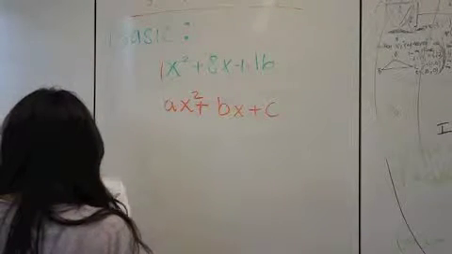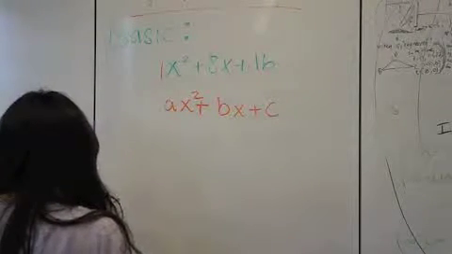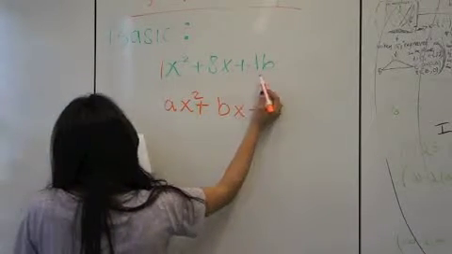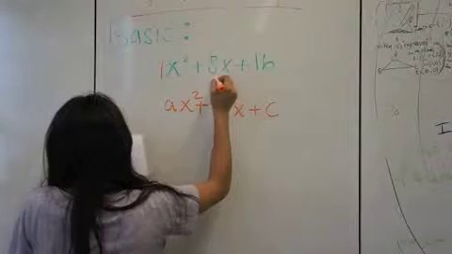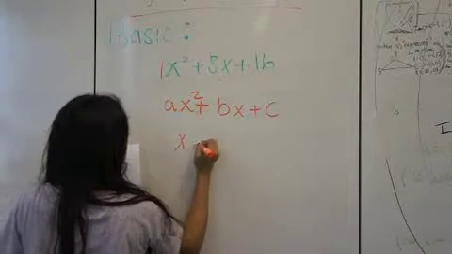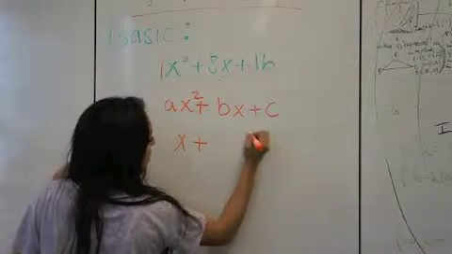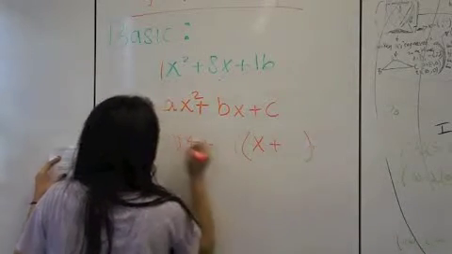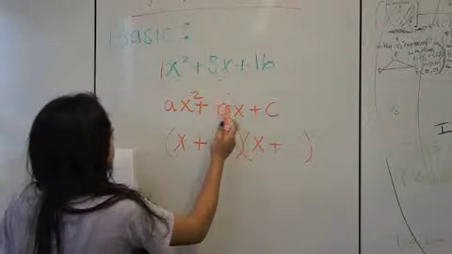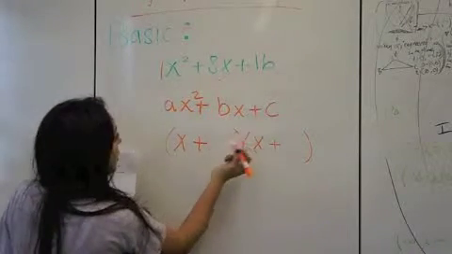So if you look at step 1, you need to find two numbers whose product equals c, but whose sum equals b. Those two numbers, in this case, we're going to put in this position. This time, these two numbers would be 4.